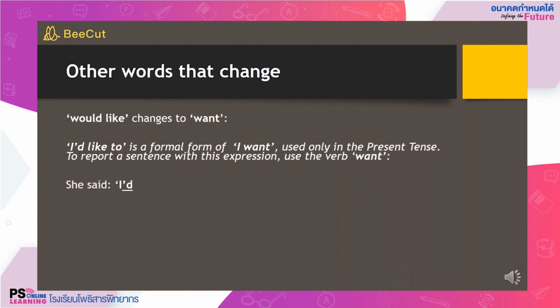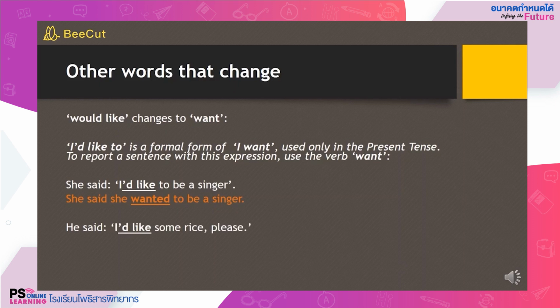For example, she said, "I'd like to be a singer." Reported speech would be, she said that she wanted to be a singer. He said, "I'd like some rice, please." Reported speech: he said he wanted some rice.